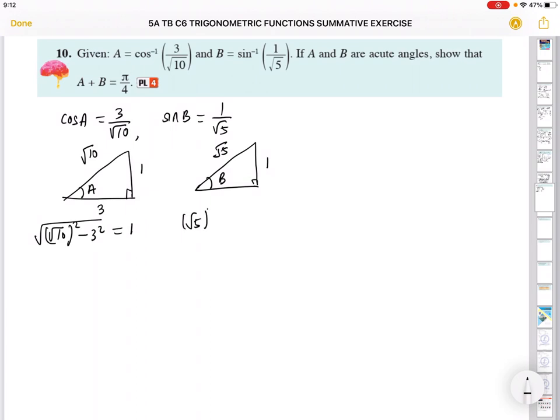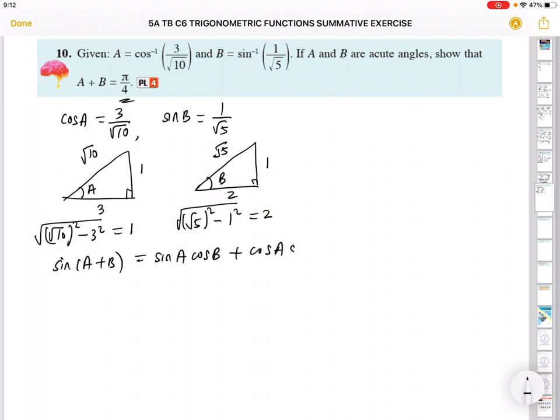Now next, I want to find A plus B, right? So here we have three options. You can use sine A plus B, cos A plus B, even tangent A plus B. All three can work, but I think I just use sine. Sine A plus B, we know the formula goes like this: sine A cos B plus cos A sine B. Sine A is opposite 1, hypotenuse square root 10.